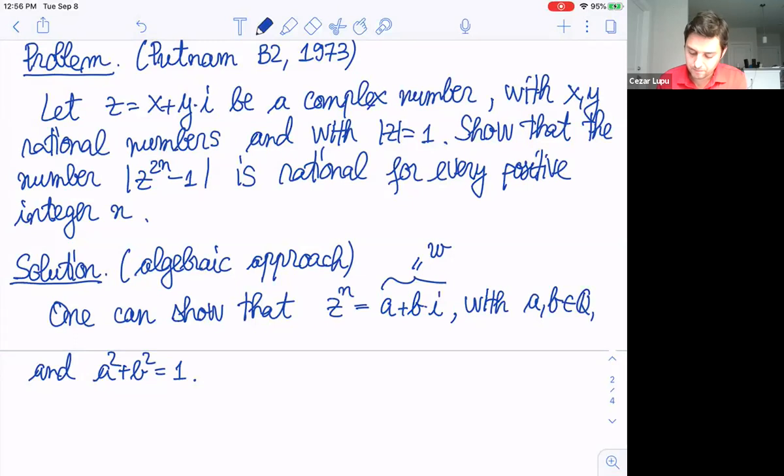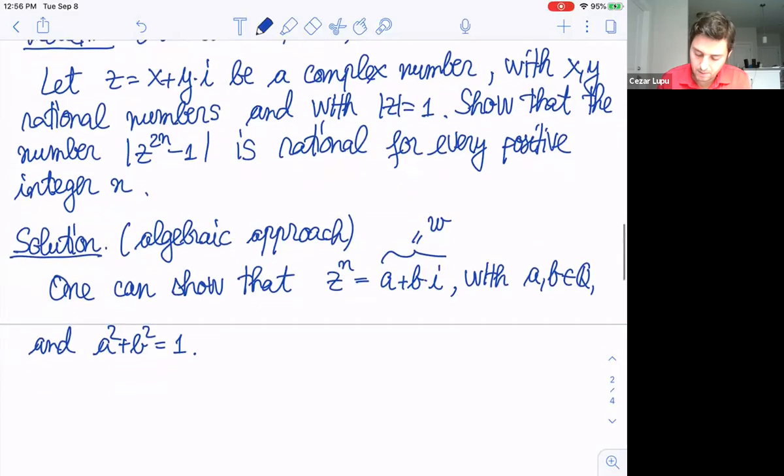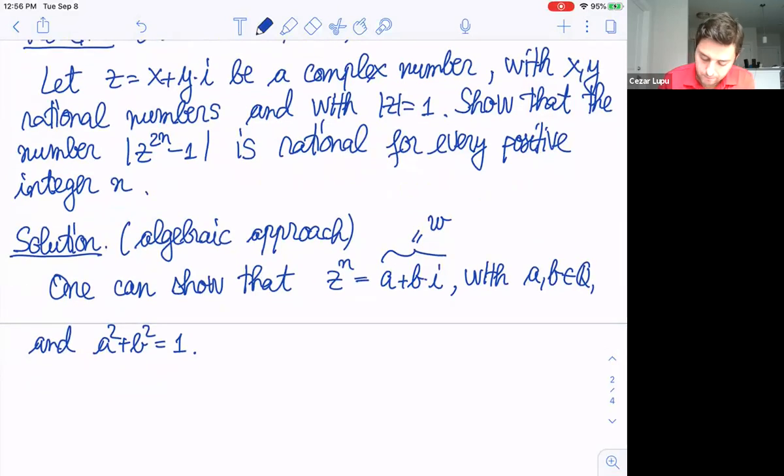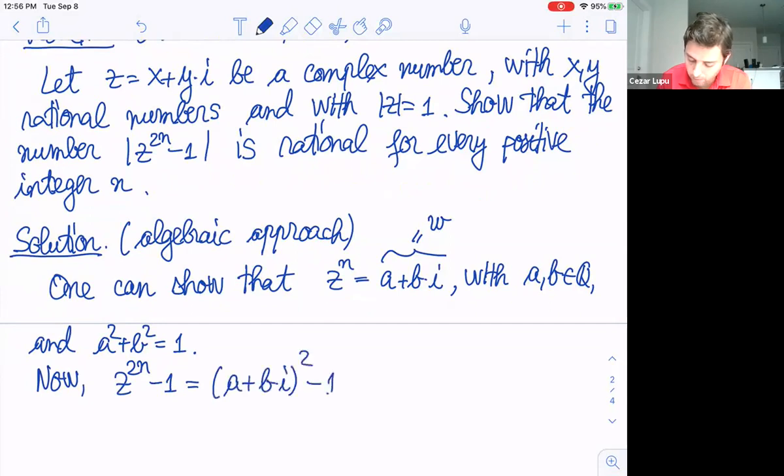And now, what we're going to do is the following. We're just going to compute this guy, z to the power 2n minus 1. And once we do this, we'll get the following. This will be nothing else than just (a plus bi) squared minus 1.